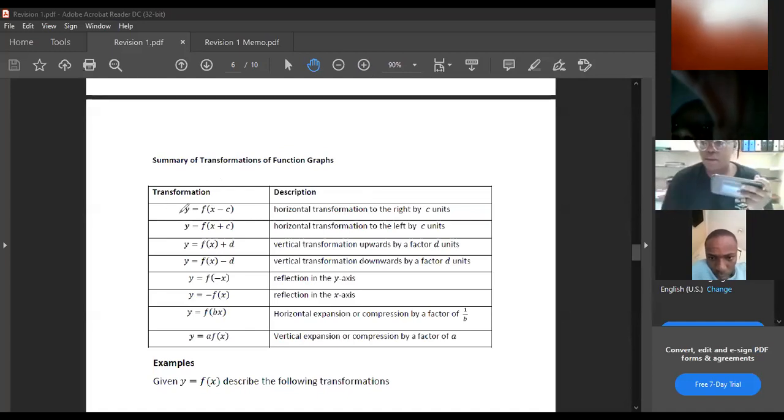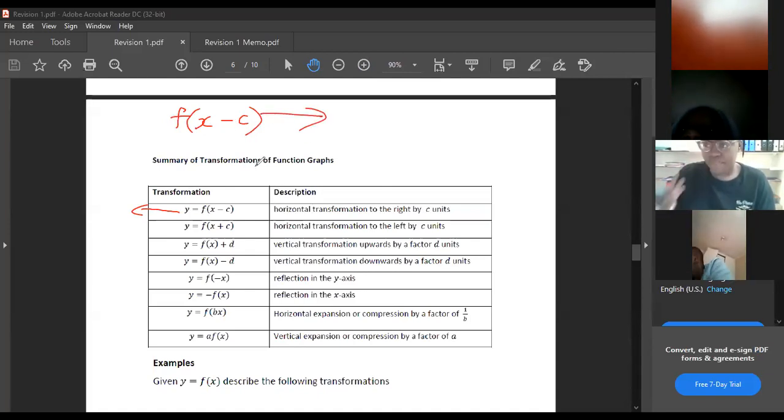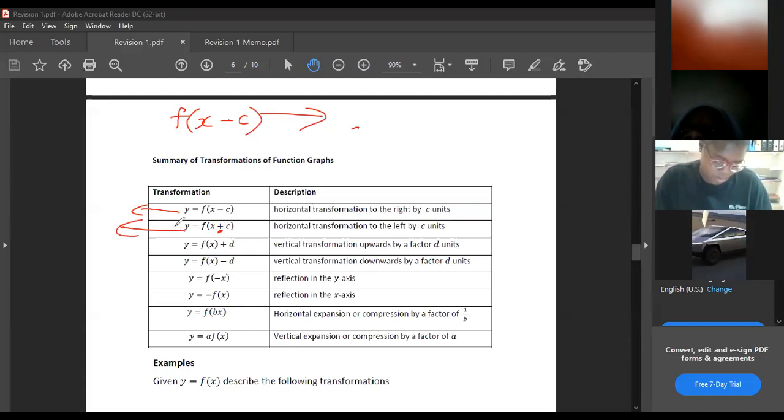Now I introduced this part here, transformations. So when you're saying f of x minus c, you're saying it's a horizontal translation of c units to the right. Whenever it's inside the bracket, it's moving to the right. If it's negative, it's moving to the right. If it's positive, it's moving to the left, but it's horizontal.